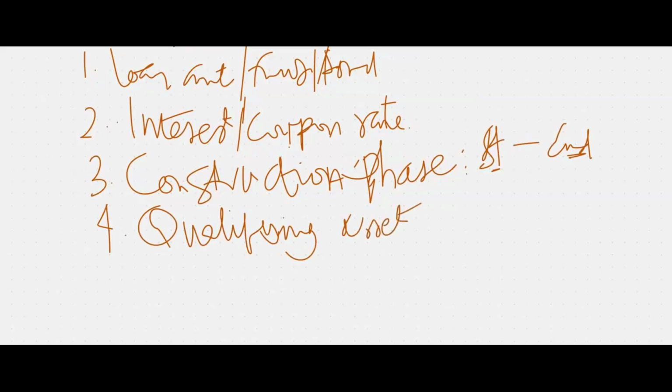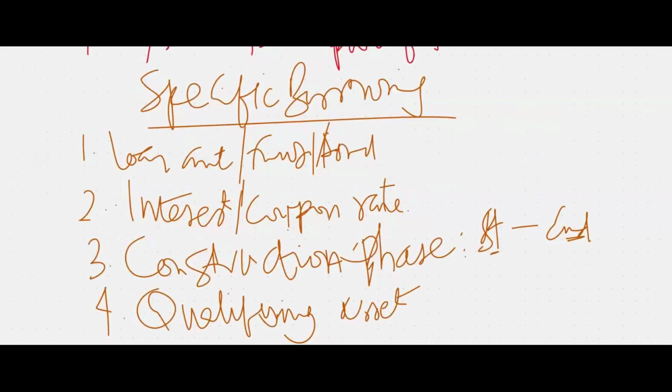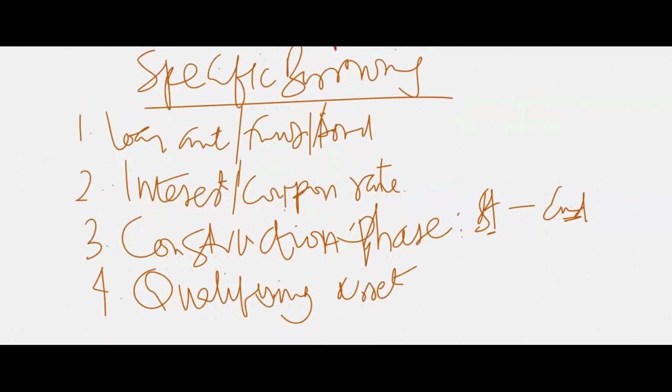A qualifying asset is an asset which takes a substantial period of time to complete and make ready for use. Are we good? So, if it's a specific borrowing, or even a pool of funds borrowing, we need these items to be in place.